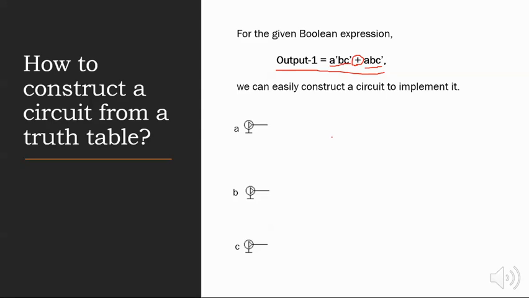Now, first for the AND gate. The first AND gate inputs are not A, B, and not C. So we connect not A to the first AND gate, and then connect B to an input pin of the AND gate, and then connect not C to a pin of the AND gate.